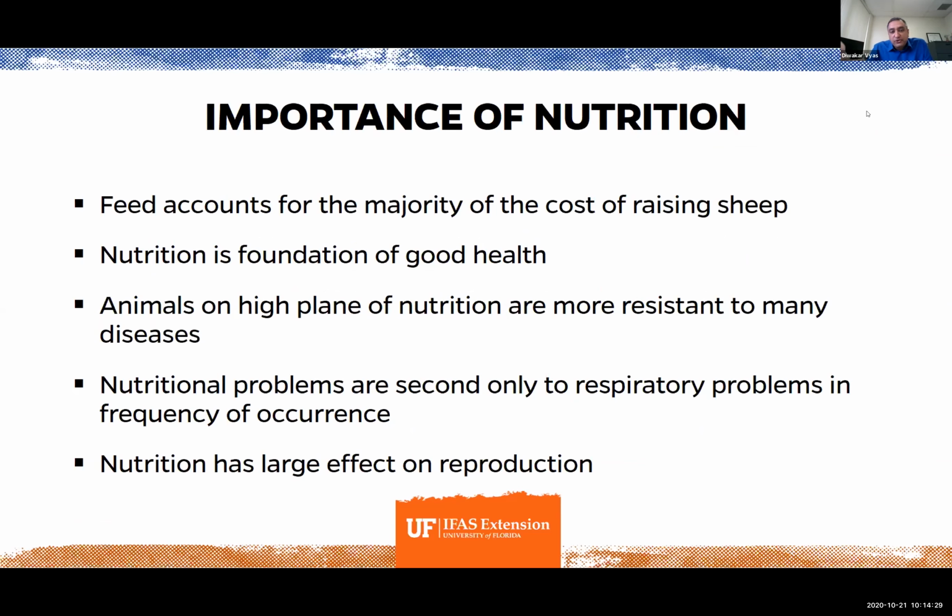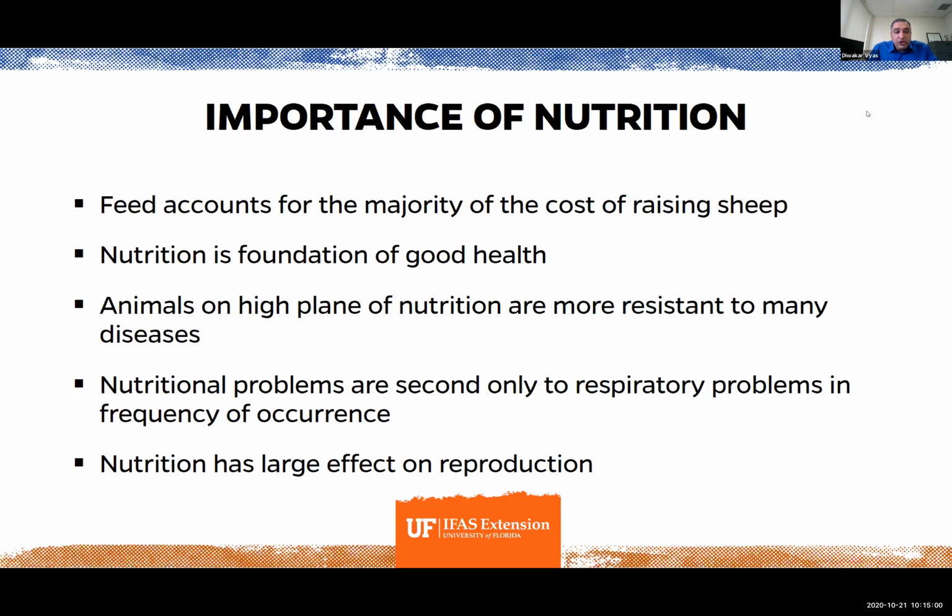In every livestock production system, feeding cost is one of the major expenses. And sheep and goat is not an exception. Depending on the kind of operation, the feeding cost may range from 50 to 70%. So it is very important that we are using this feed more efficiently. And we can only use this feed more efficiently if we have some basic concepts of nutrition and ration formulation handy with us.